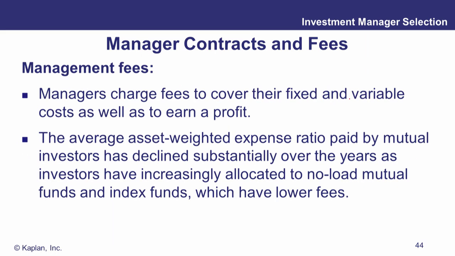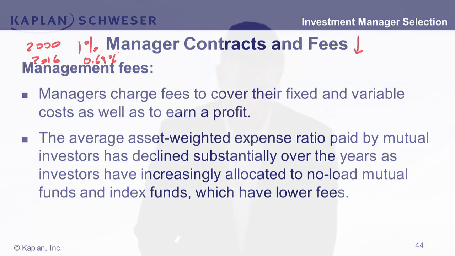So yeah, we're on to the fees now, and in general the book is talking about the general trend that fees have fallen. For example, it talks about in 2000 the average fee was just about 1%, a little bit shade under 1%, 0.99, and then moving on to 2016, something like 0.69% or so, quite a significant fall.